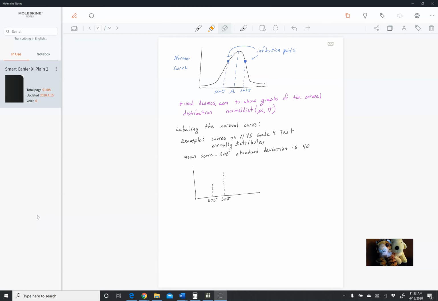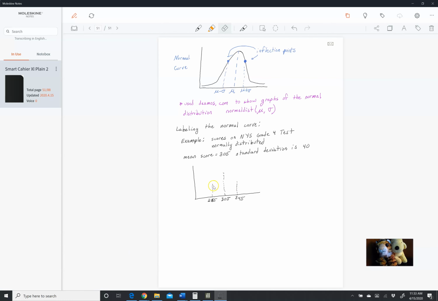And 40 to the right, 265. And 40 to the right, which would be at the same height as 40 to the left, is going to be 345. So these heights are the same. We know that because it's symmetrical.